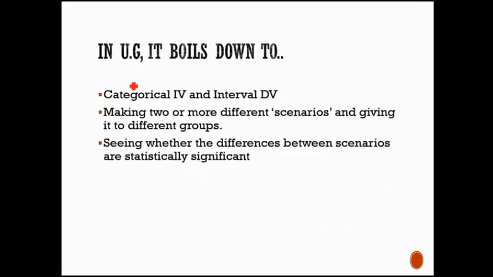So at undergraduate level, experiment boils down to having a categorical IV, as I've mentioned, an IV that you cannot measure using an interval scale, and the DV, however, will be interval. Okay, so you can make 2 or more scenarios, like the one I've just shown you. You give it to different groups, and then you see whether the differences caused by your change will be statistically significant or not.